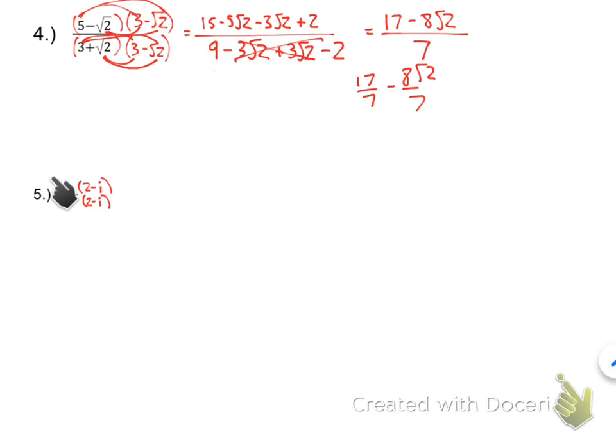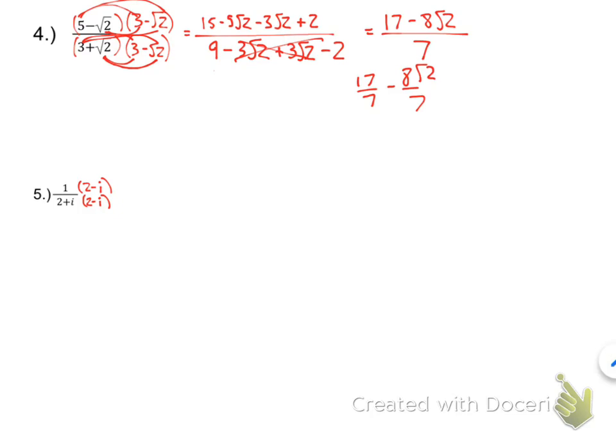What is something divided by itself? 1. So I'm multiplying this fraction right here by 1. Does it change it? No. That's why rationalizing the denominator works. You multiply so that you don't change it. Because what I do to the bottom, I do to the top.